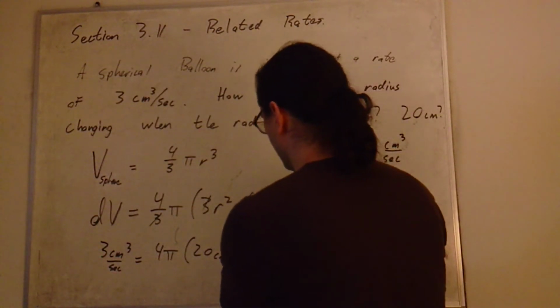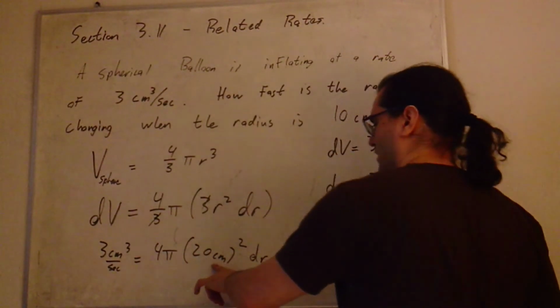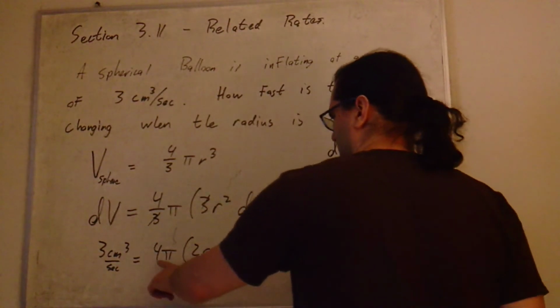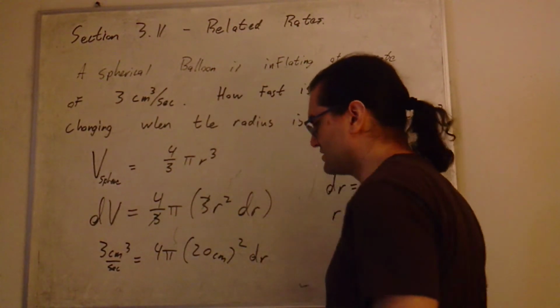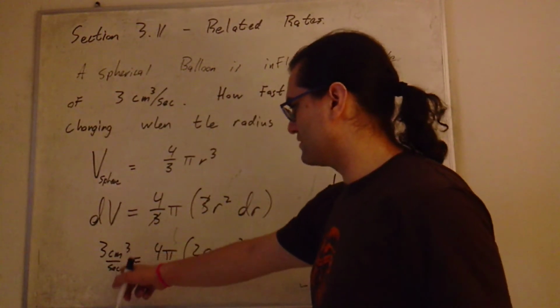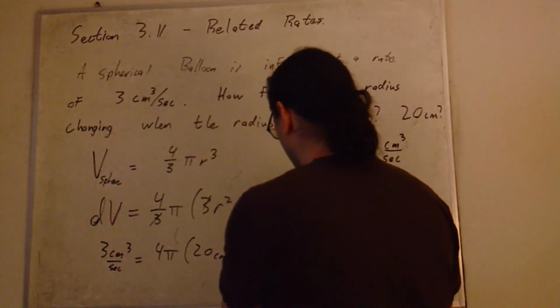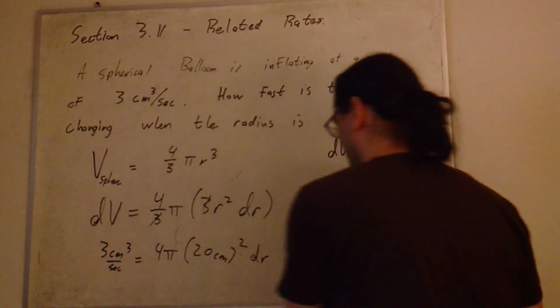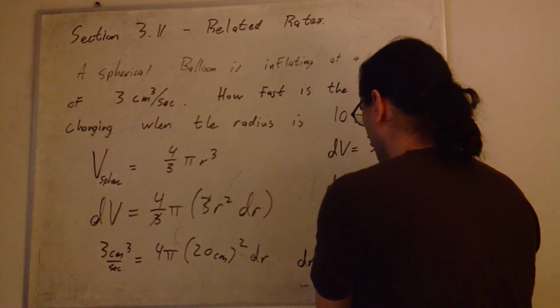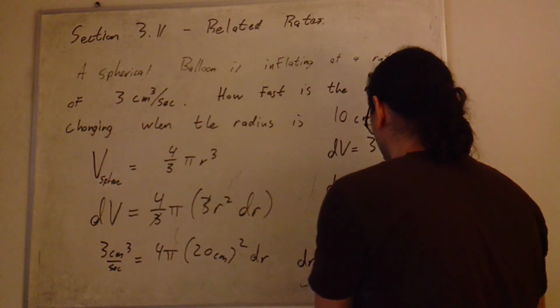And dr is still unknown. So 20 centimeters squared would give us 400 square centimeters. Times this 4 will give us 1600 pi. So 3 centimeters cubed per second divided by 1600 pi centimeters squared should give us dr equals 3 over 1600 pi centimeters per second.